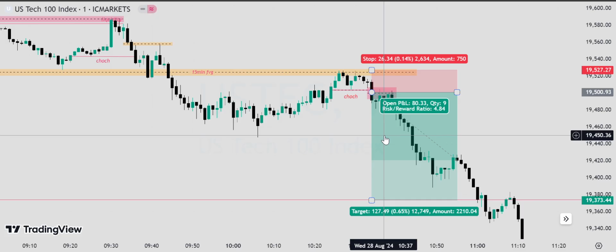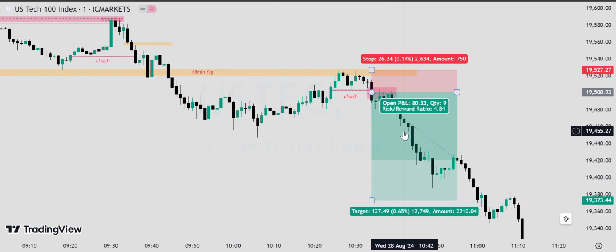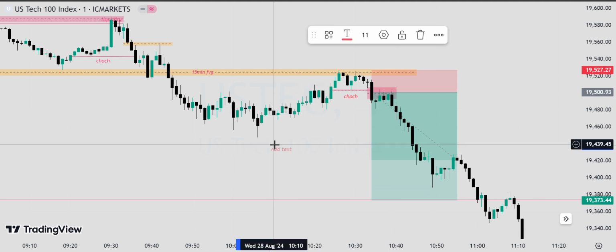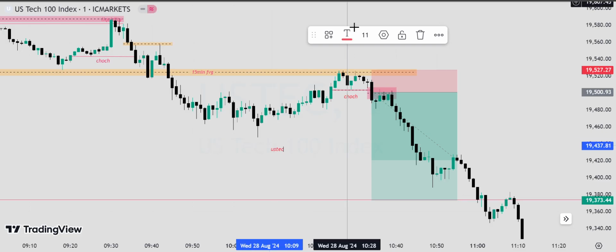So you can see this one gave you around, and what you are trading is ustec. You can check ustec. What you are trading is ustec.